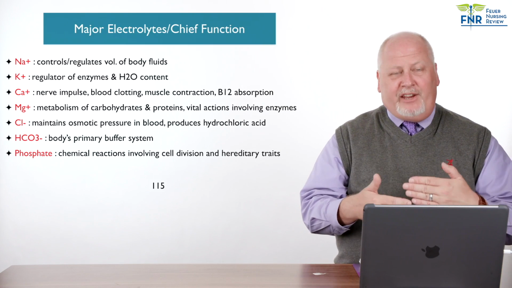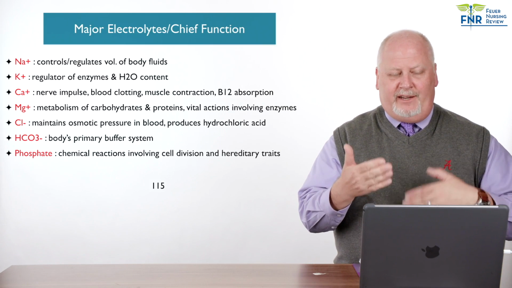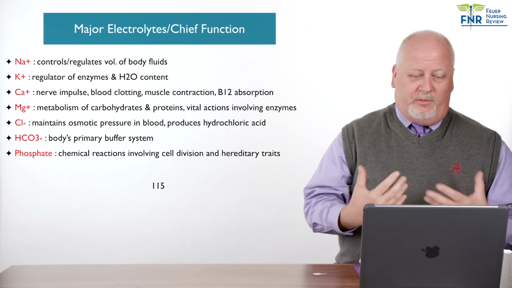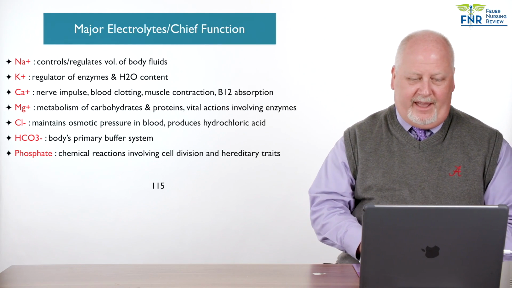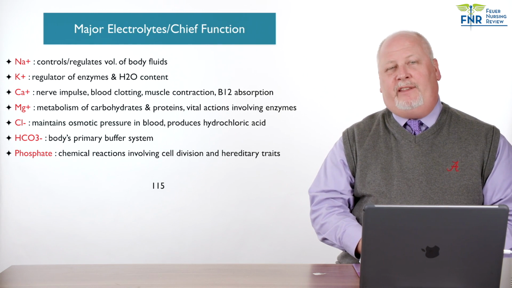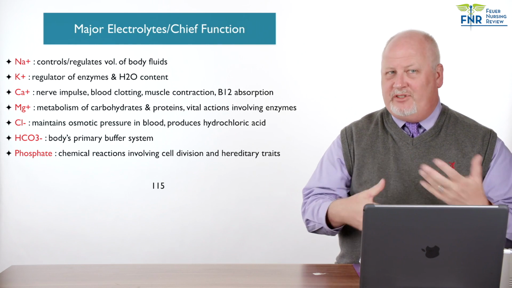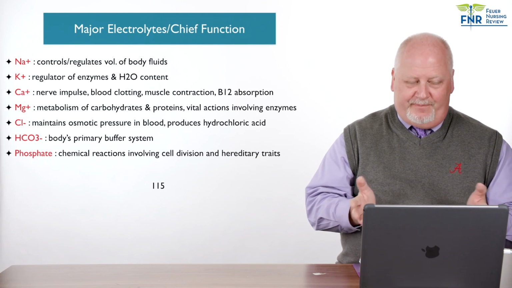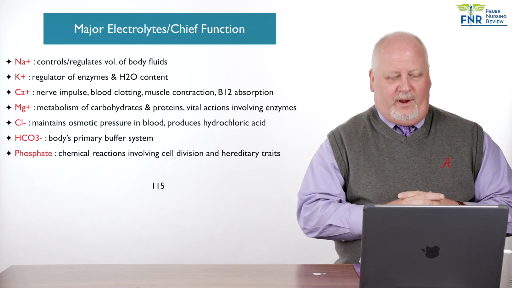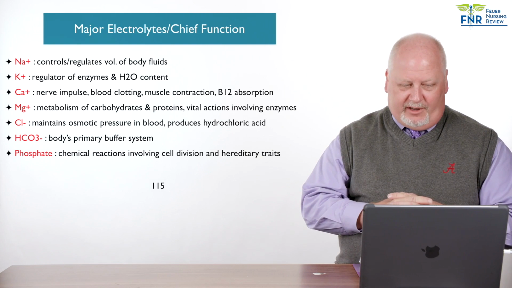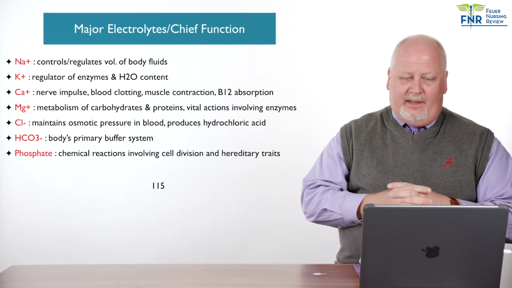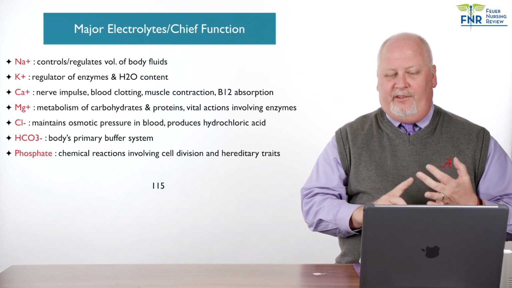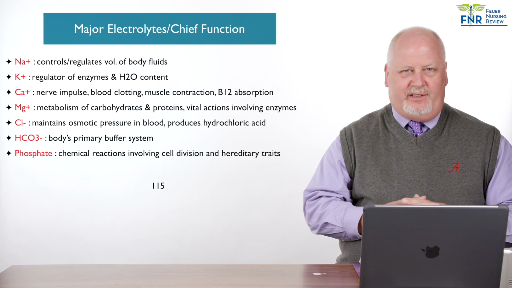So these are some major electrolytes and kind of in a nutshell what their major functions are. So first one we have is sodium, Na. That controls and regulates body fluid, so the volume of fluid that's within the body. Potassium, or K, regulates enzymes as well as water content. Calcium, nerve impulses, blood clotting, muscles, and absorption of vitamins such as B12.